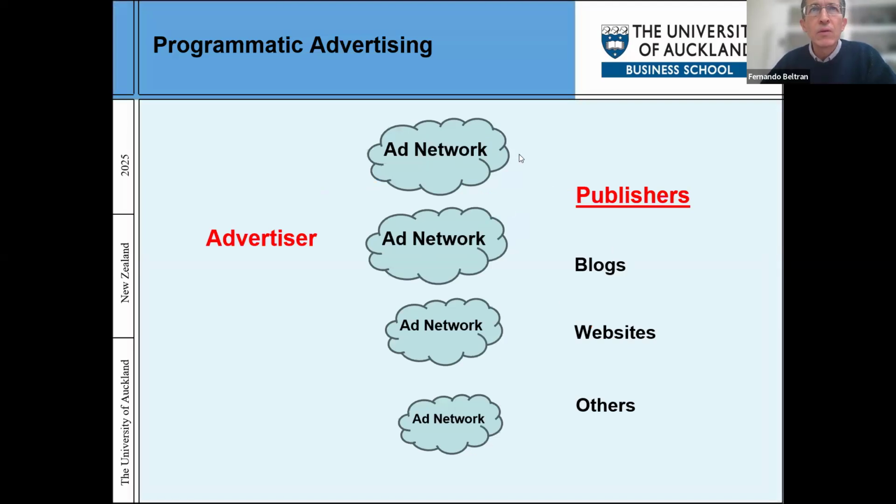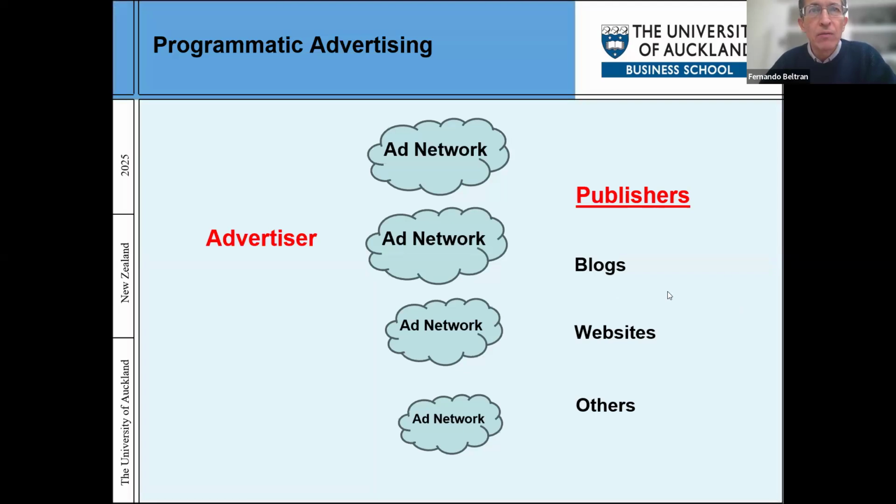As this business grew, many more ad networks started to be intermediaries between advertisers and publishers. So you would go to one of these to find where to publish. But the publishers, which at the beginning were big, well-known websites, started to diversify, because blogs and general websites were also potential places for displaying ads.